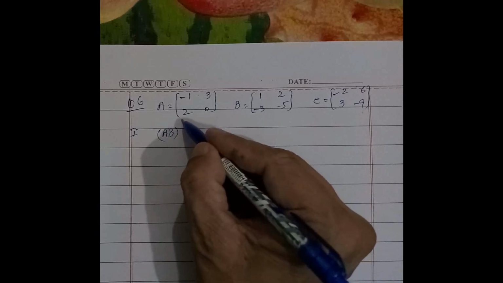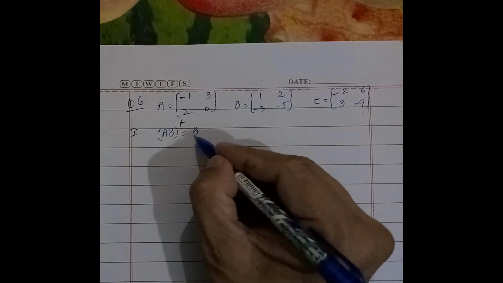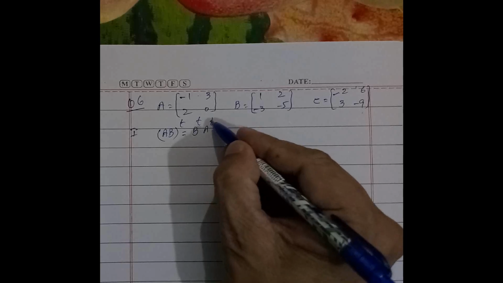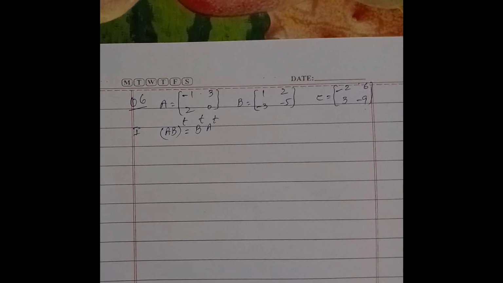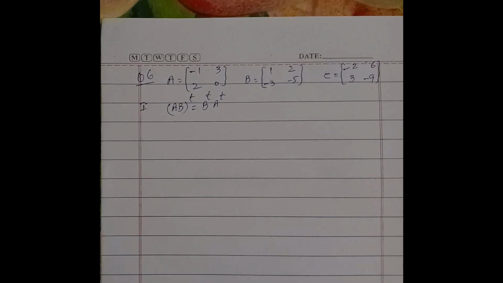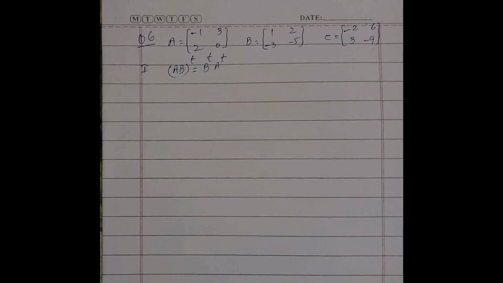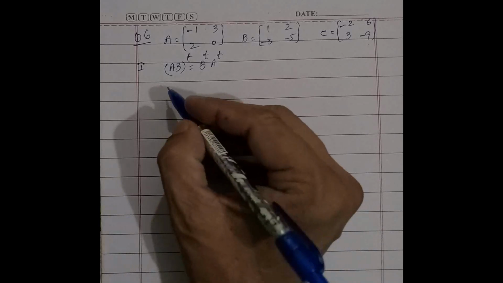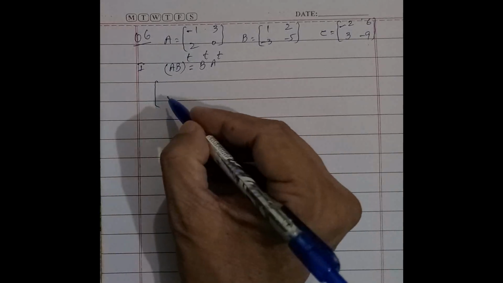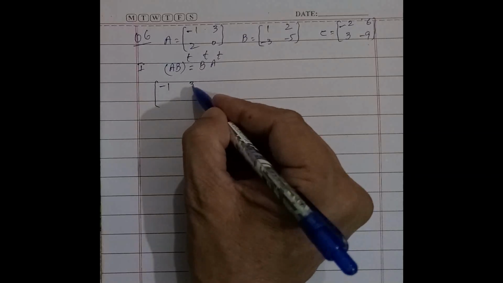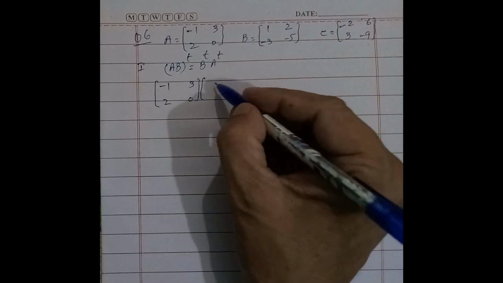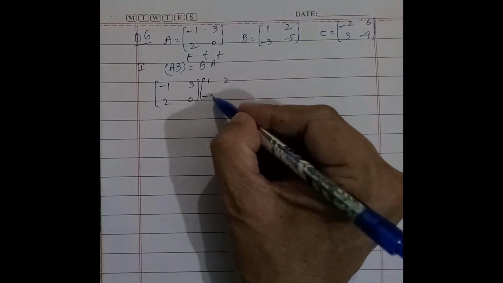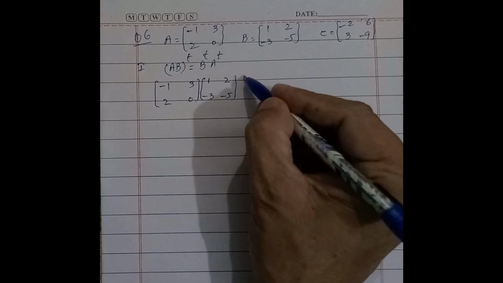(AB) whole transpose is equal to B transpose into A transpose. We start at the same time. We put the values of A and B and then solve them. Matrix A is minus 1, 3, 2, 0, and B is 1, 2, minus 3, minus 5.